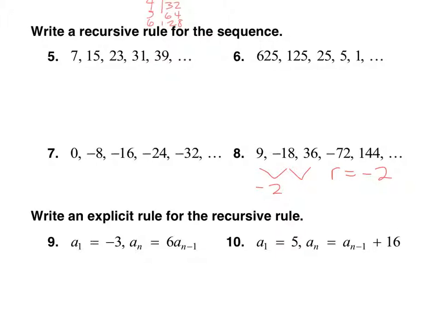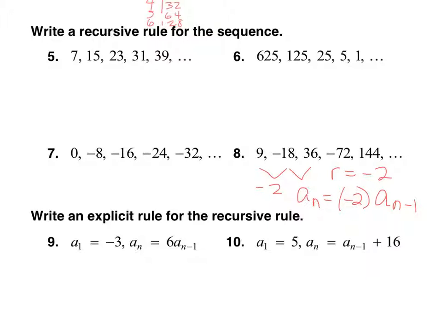So if I want to write my recursive rule, I just say a sub n equals, and in the recursive rule, the ratio is going to come first. So I'm going to put the negative 2 first times a sub n minus 1. So just the ratio times the term before.